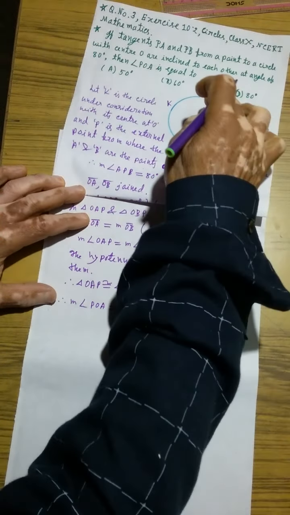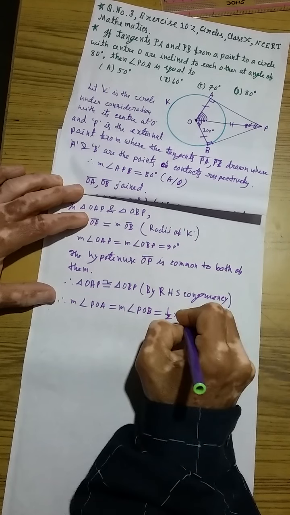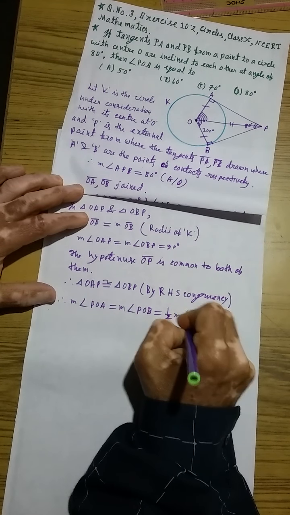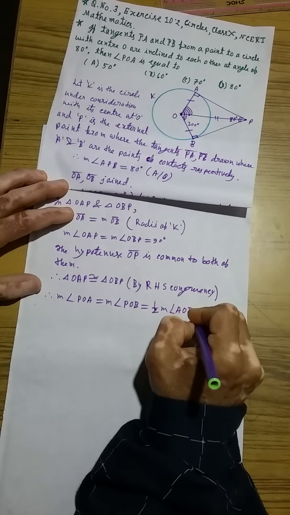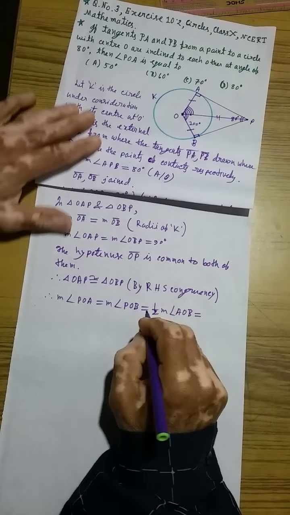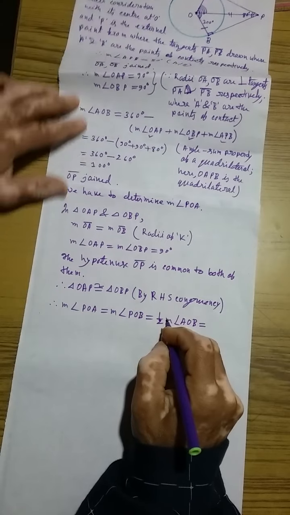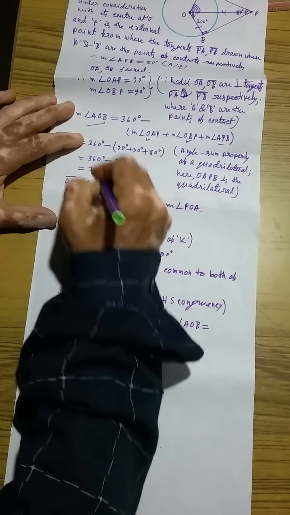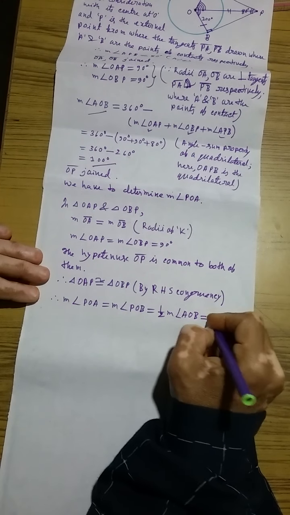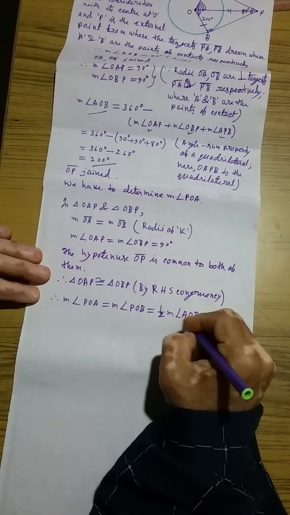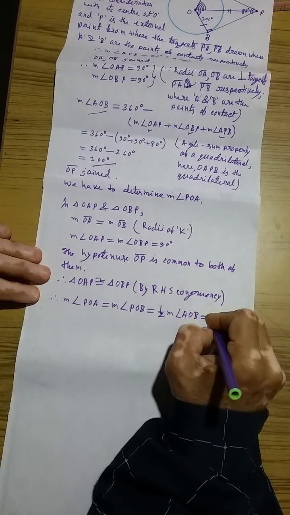Measure of the angle AOB is equal to 100 degrees. So in place of measure of the angle AOB we write 100 degrees.